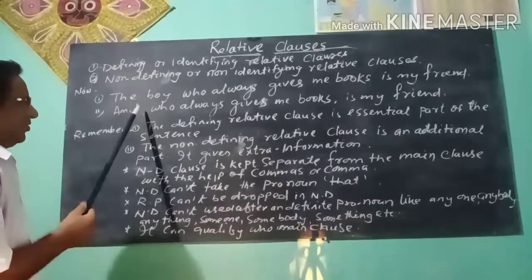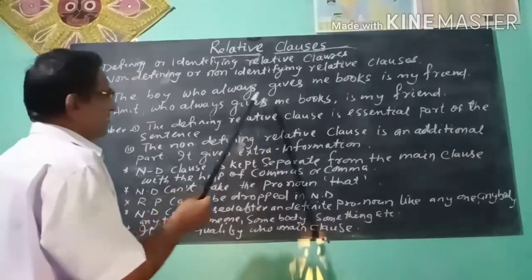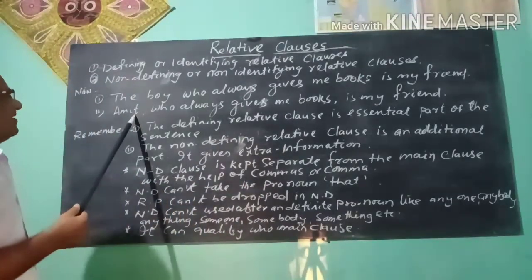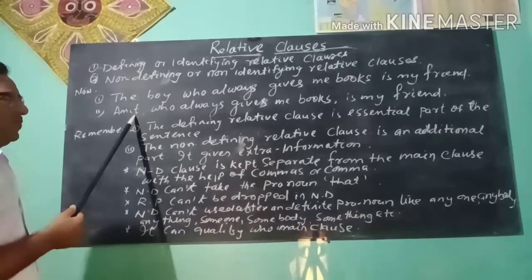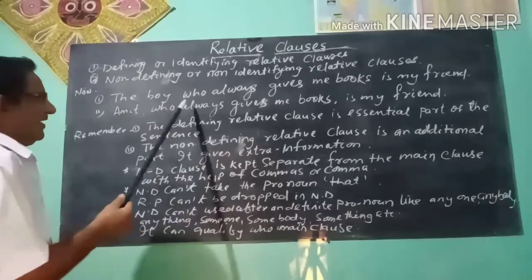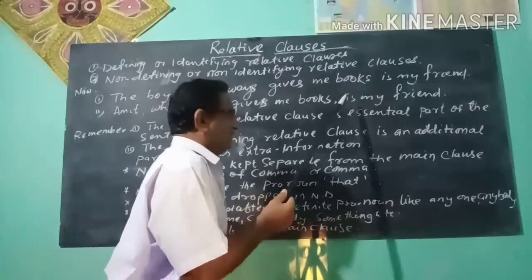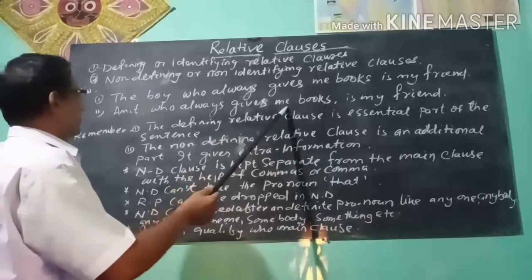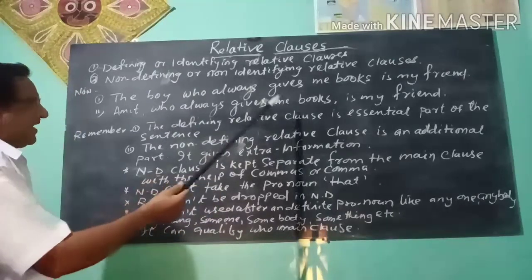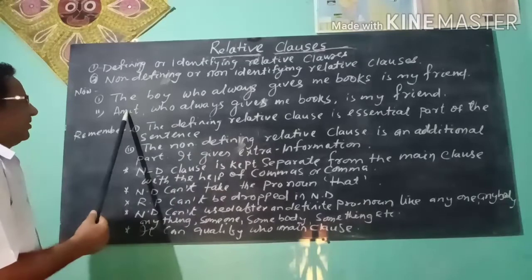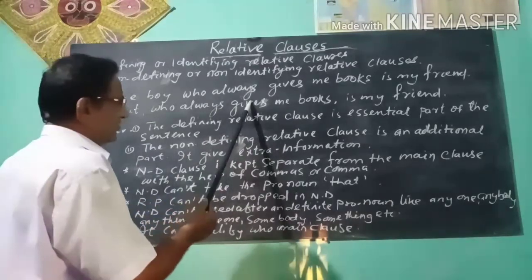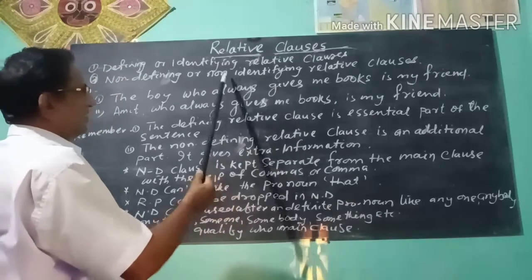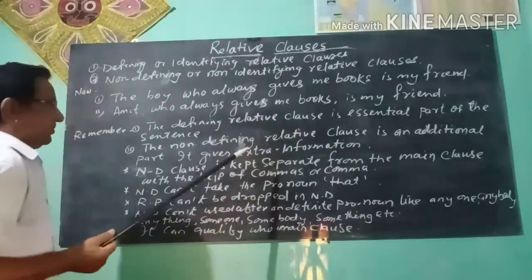Amit is known to all. This relative clause gives extra information about Amit. So this relative clause is not a necessary part of the sentence. So it is an additional part. So this type of relative clause is a non-defining or non-identifying relative clause.